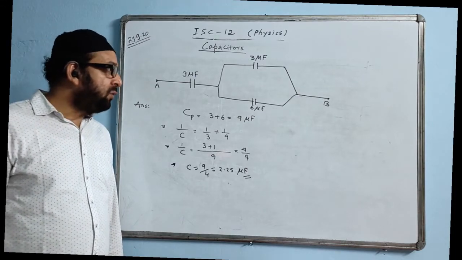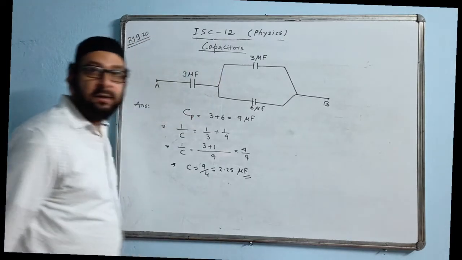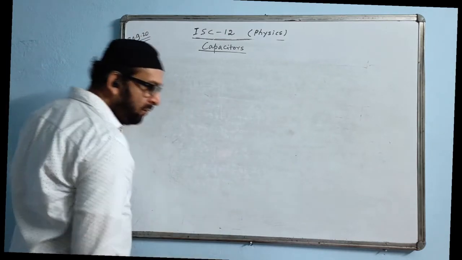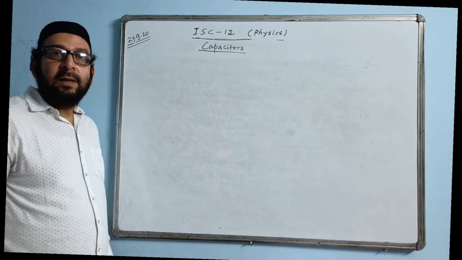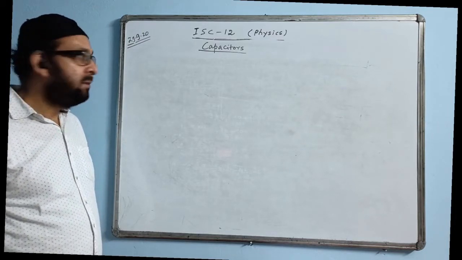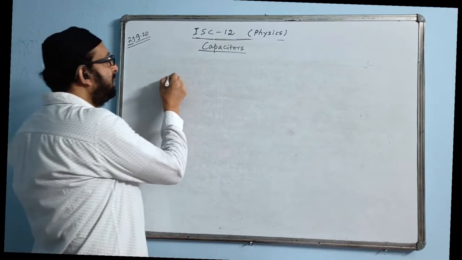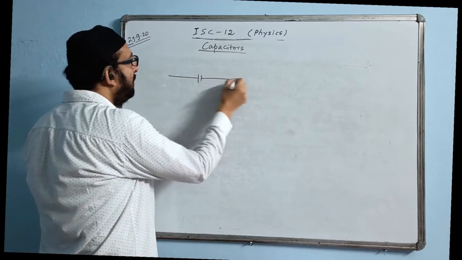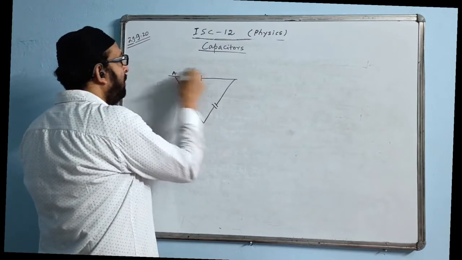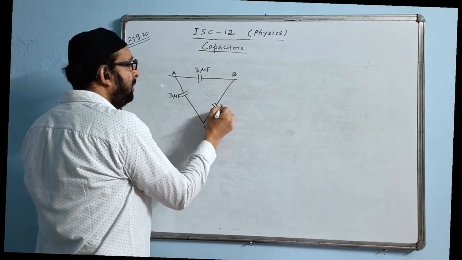Now, another question. Find the equivalent capacitance of the following circuit between the points A and B, and they have given a figure like this. 3 microfarad, 3 microfarad, 3 microfarad.